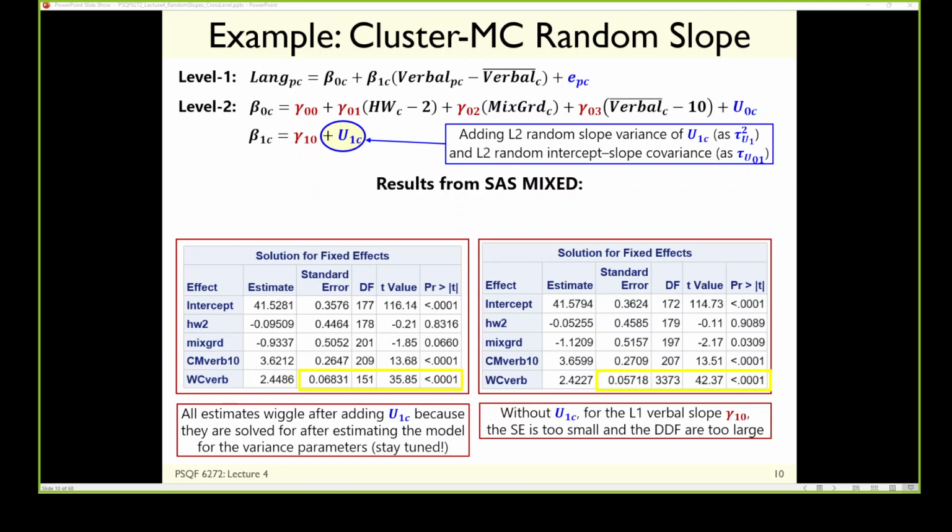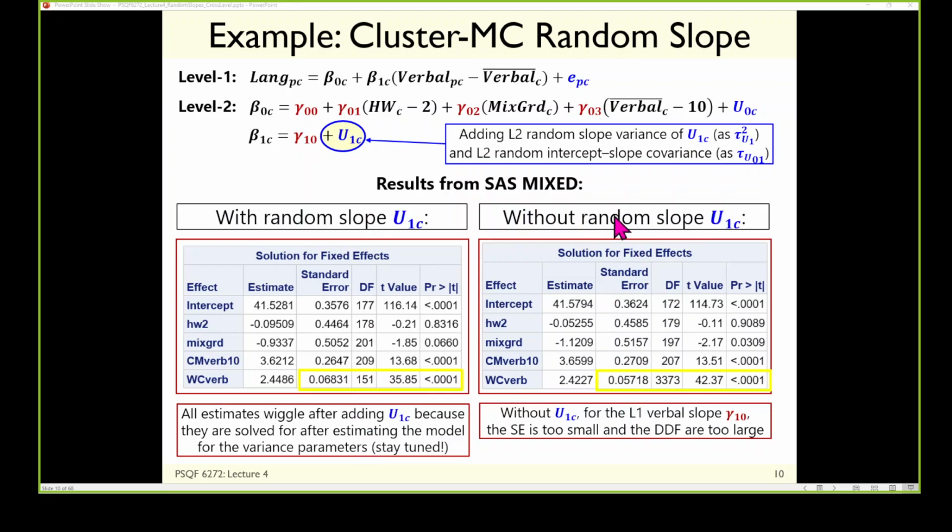All right, more questions. Can I say again why the standard errors are different? Yes, I can. So on the left-hand side, the standard error is a little bit larger than on the right-hand side because the solution on the left was taken with the random slope and the solution on the right was without the random slope. Yeah, I have boxes here. I wrote that down, didn't I? Yes, I did. That was called an animation fail.